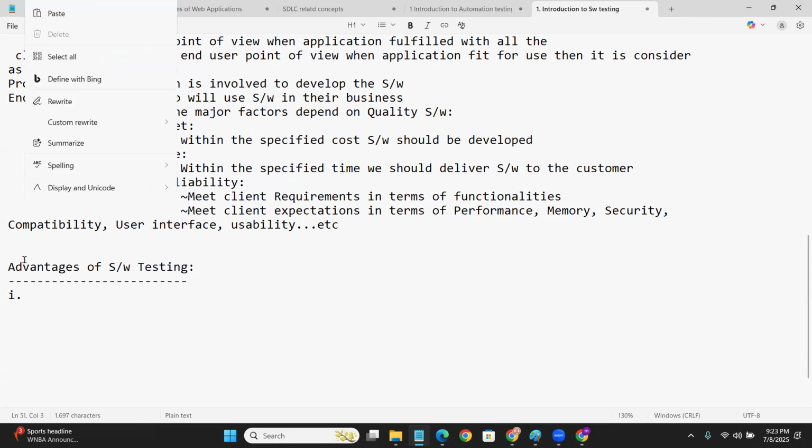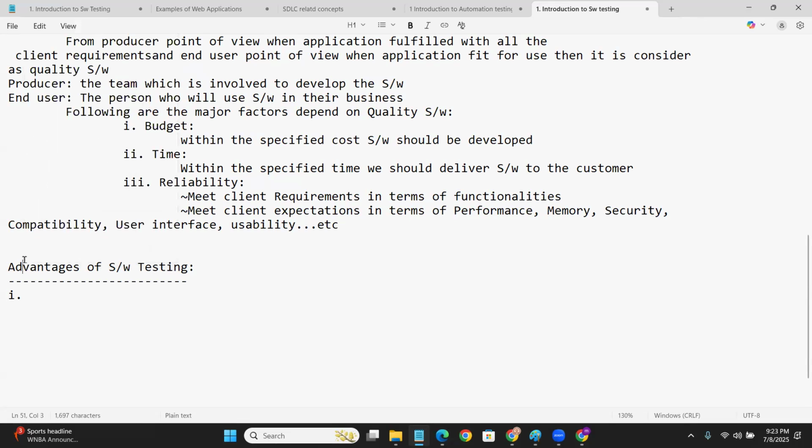What are the advantages of software testing? The very first thing: if you test, only then can we say that we are delivering the right product to the customer. Without testing, how can we say that? So it will help to deliver reliable software to the customer, and we get client satisfaction.